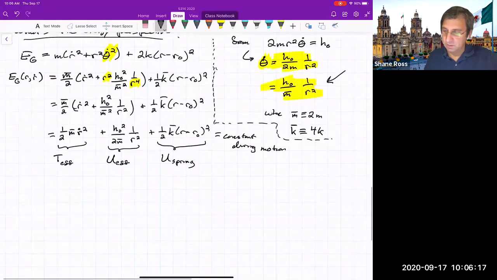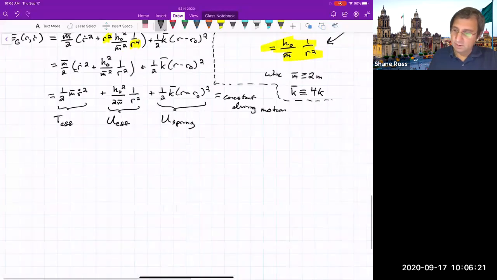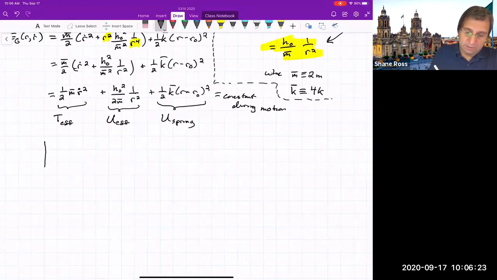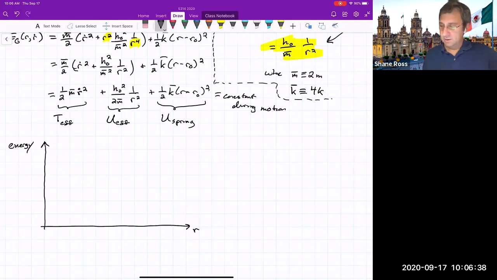So the energy perspective, I like to give little graphs of the energy. It helps me think about stuff. So the variable here is r, and the vertical axis will just plot energy. We've got two different potential energies.